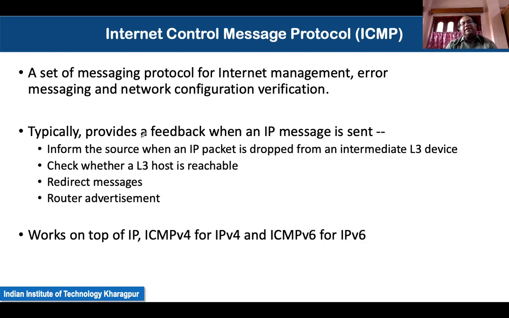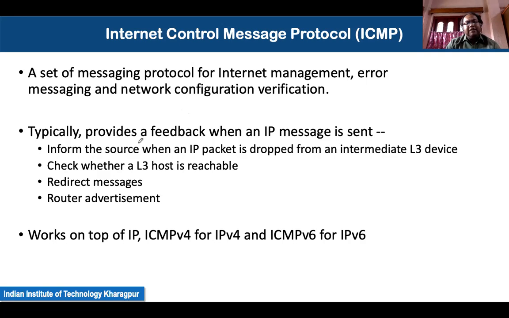ICMP has different types of messages that we'll see. We'll see a few examples, which are particularly used for network configuration monitoring, to check whether a destination is alive or not, or many such similar purposes.